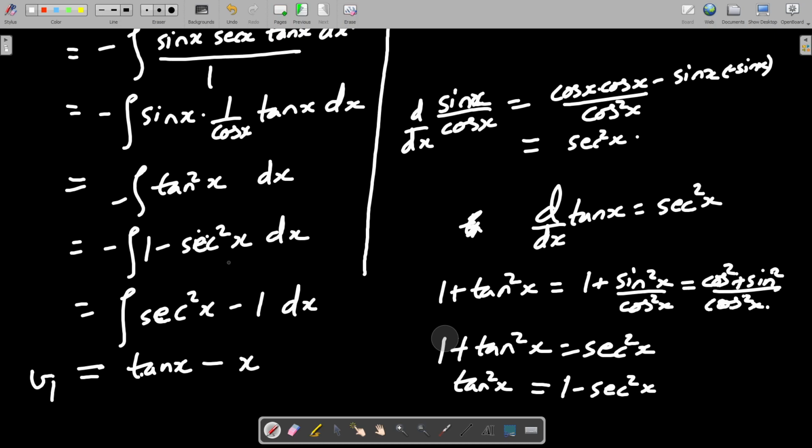You all might have not done it, but there is an exercise somewhere. Integral of tan square x becomes tan x minus x, after all the simplifications. Integral of tan x I don't know, I know integral of sec square x is tan x.